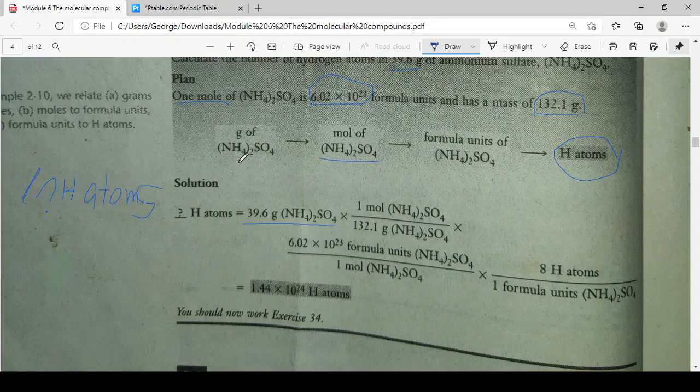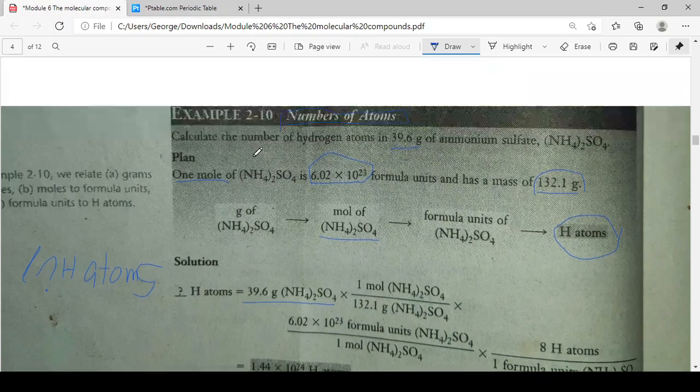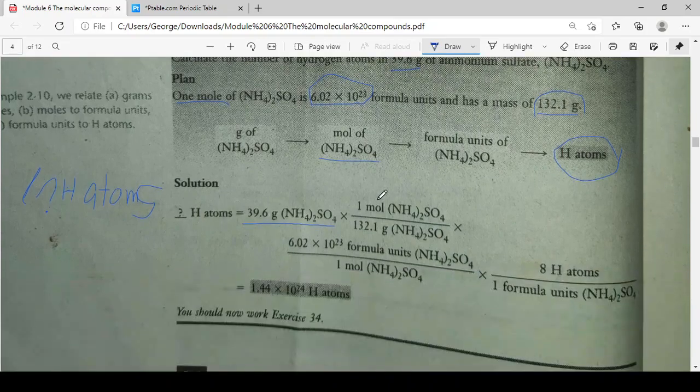You are finding your H atoms. Next, now that we have your grams of (NH4)2SO4, which is given above, we will now write your moles of your ammonium sulfate. So for every 1 mole, how many formula units do we have? Kids, this is our formula unit. Our formula weight is 132.1 grams.